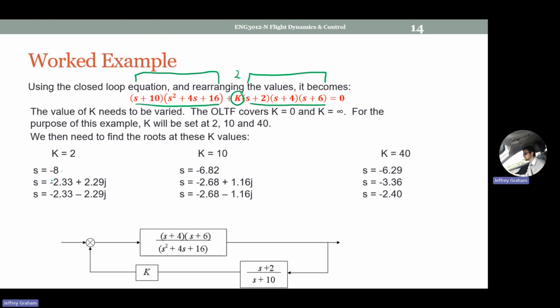It's the values that are more important for this section here. So I've got 3 values to show you: k being 2, k being 10, k being 40, and it's a case of what happens to the poles or the roots when we go from k being 0 to 2 to 10 to 40.